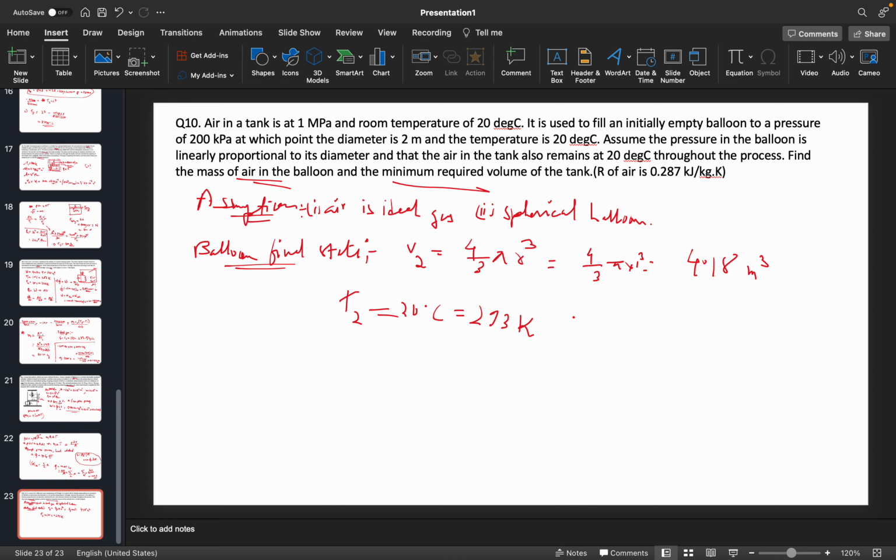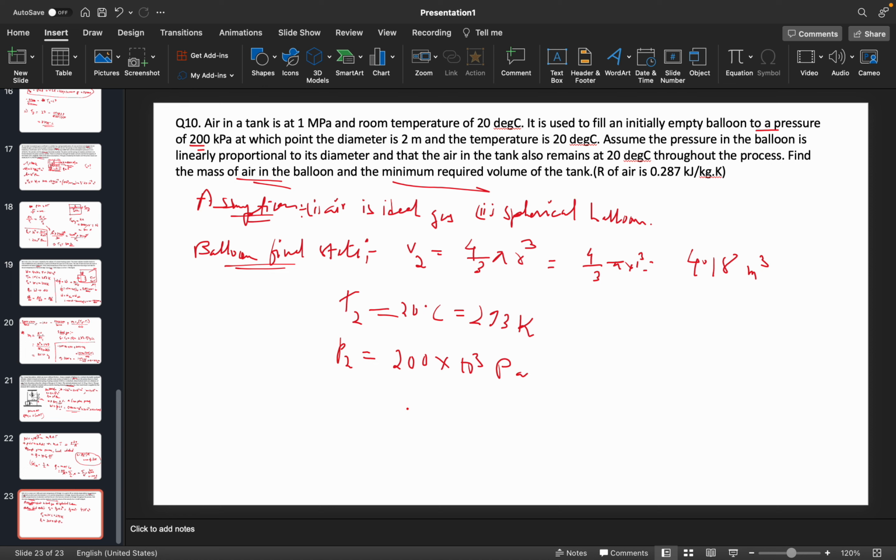What we require is P. So P2 of the balloon, in the final state the balloon's pressure, it is filled to a pressure of 200 kilopascal as given. So P2 is 200 into 10 to the power 3 Pascal.